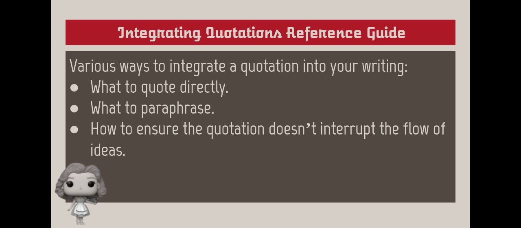Remember that any direct quotations you use should be used to support the claims you make. They should be integrated or woven into the sentence so that sentence fluency is maintained. You will have 5 minutes to look over the Integrating Quotations reference guide.